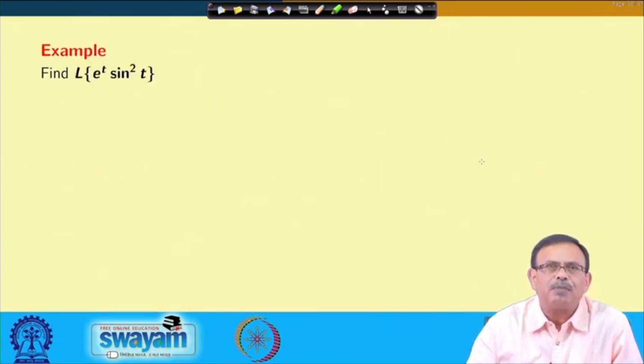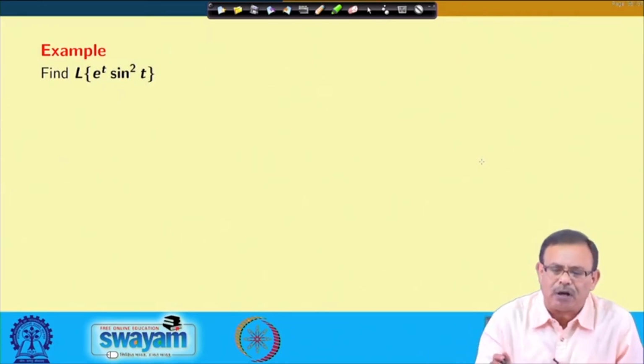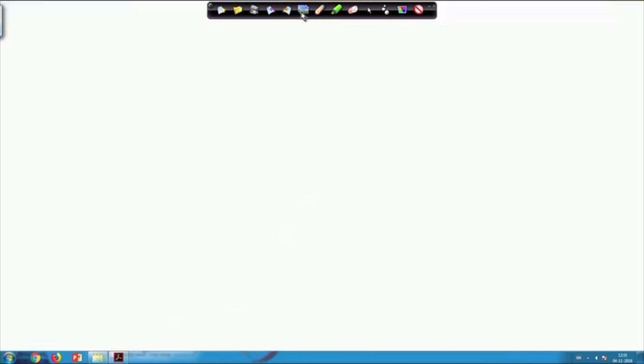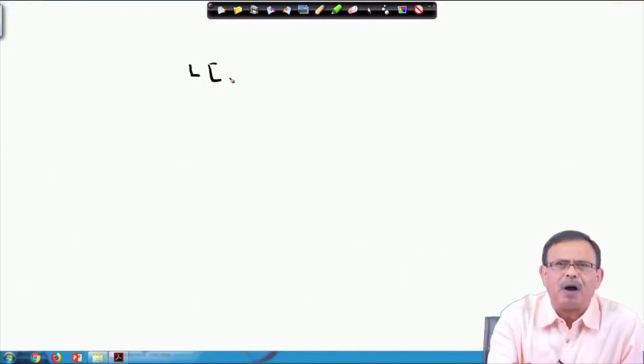Next, see another problem, e power t into sin square t, a combination of e and the function sin t also. Since I know Laplace transform of e power a t f t, if I know Laplace transform of f t, from there I can talk about Laplace transform of e power a t f t.